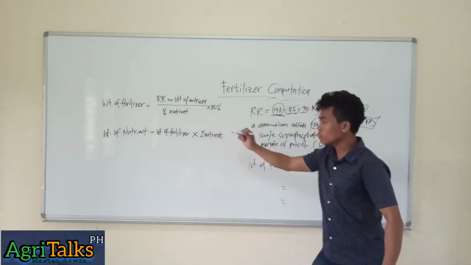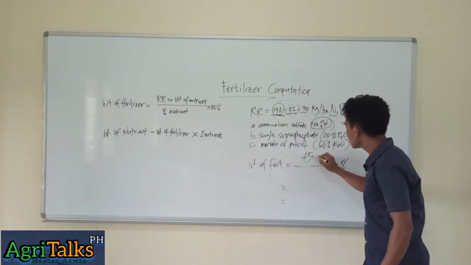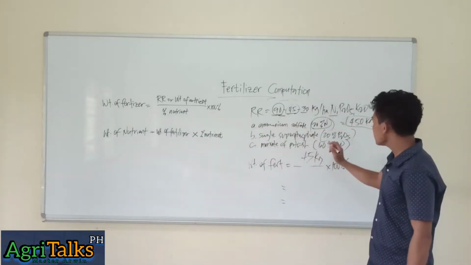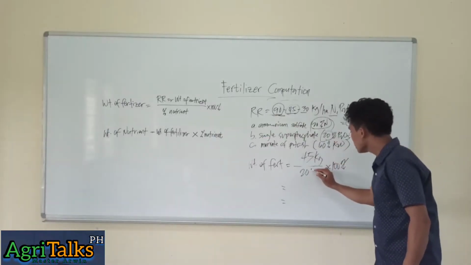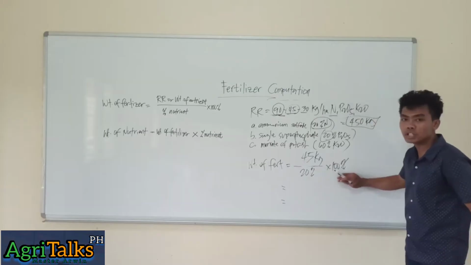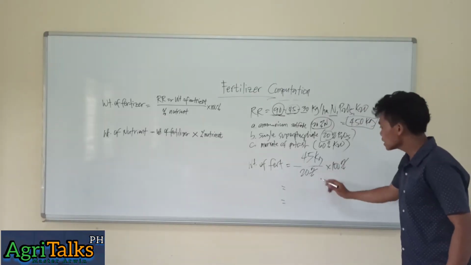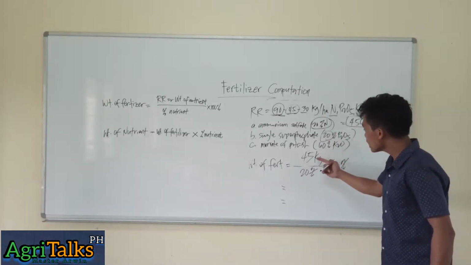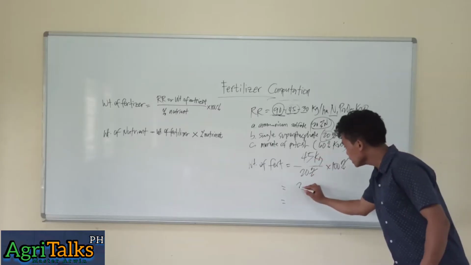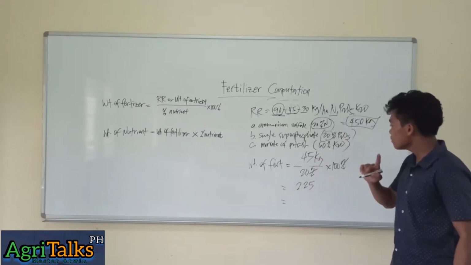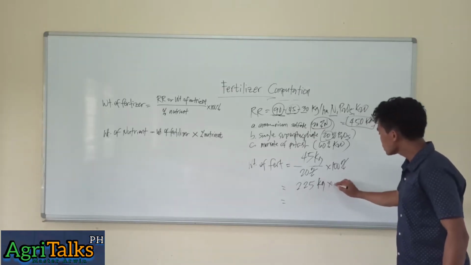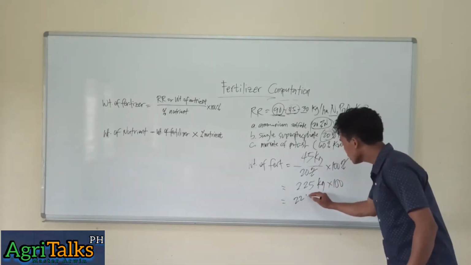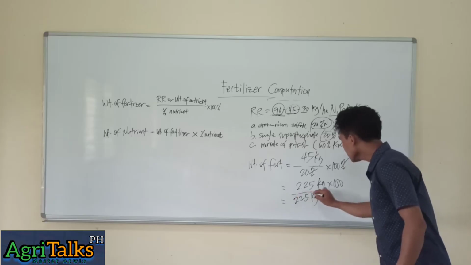So, recommended rate, RR. So we'll have 45 kilograms. Then the nutrient percentage or the percent nutrient, that should be 20% times 100%. Cancel percent. So the kilogram will be the remaining unit. So 45 divided by 20, that would be 2.25 kilograms times 100. 2.25 kilograms times 100, that would be 225 kilograms.